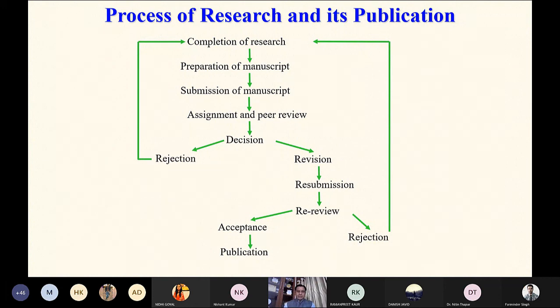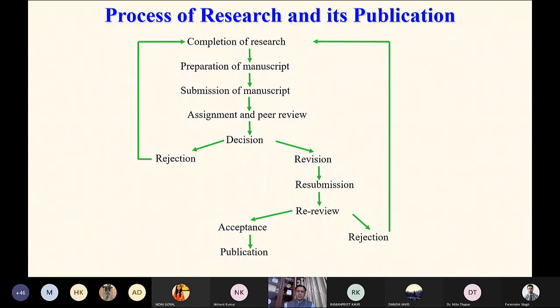Once it has been submitted, the editor and the chief editor assign the reviewer who is going to review our manuscript. Depending upon the evaluation and review of the reviewer, different decisions are taken by the chief editor: either we are going to have a revision, or we are going to have a rejection.